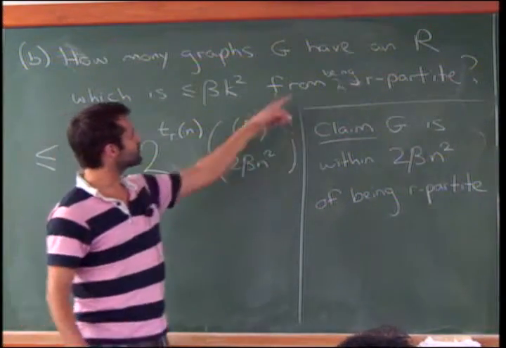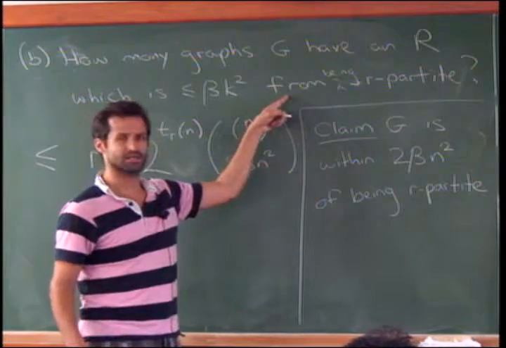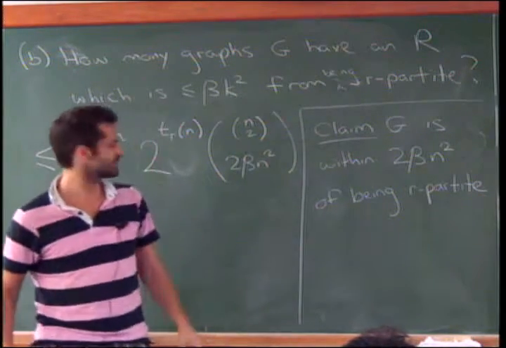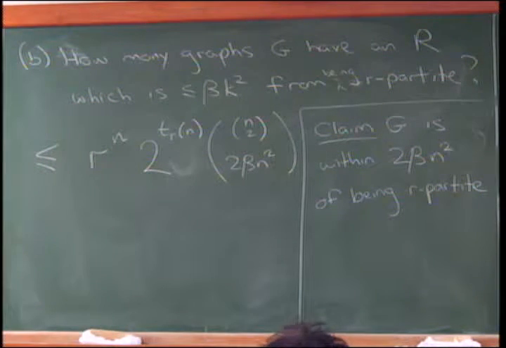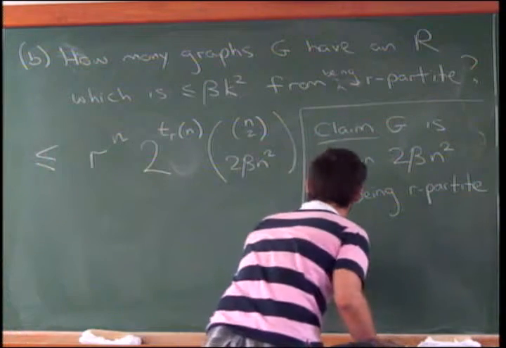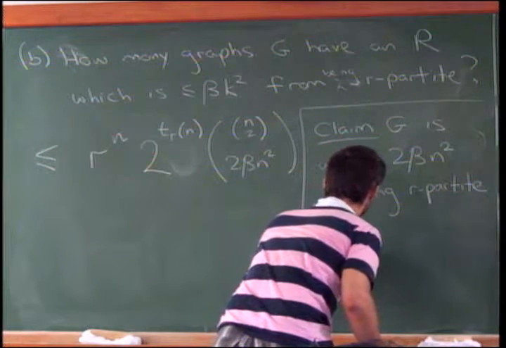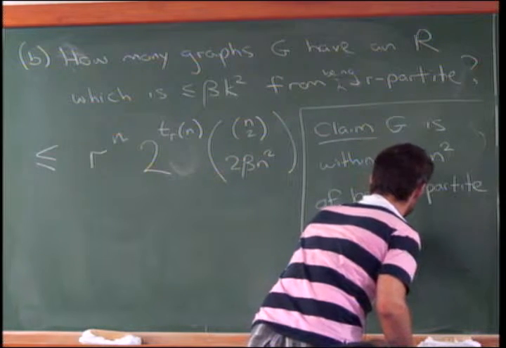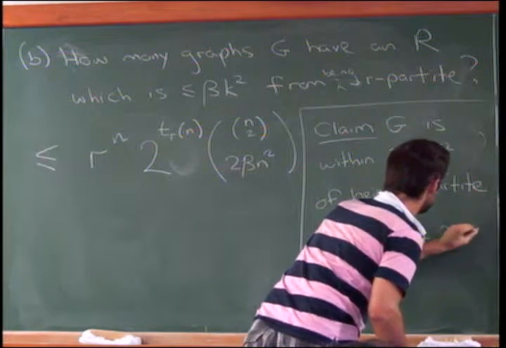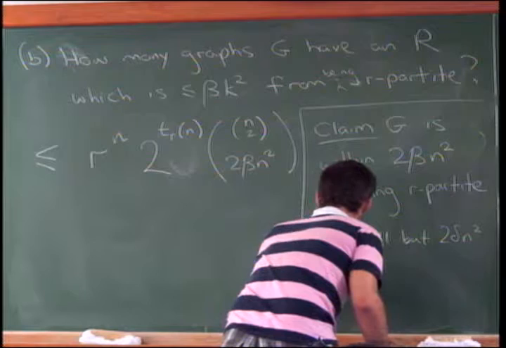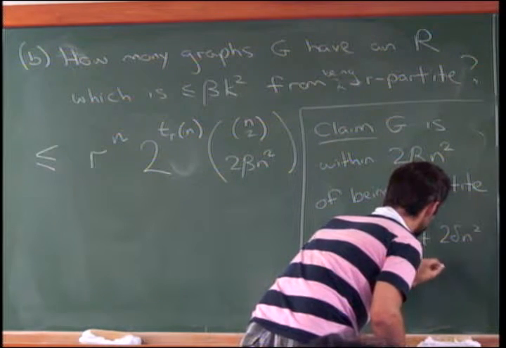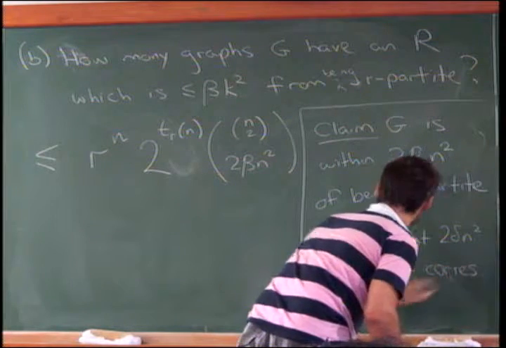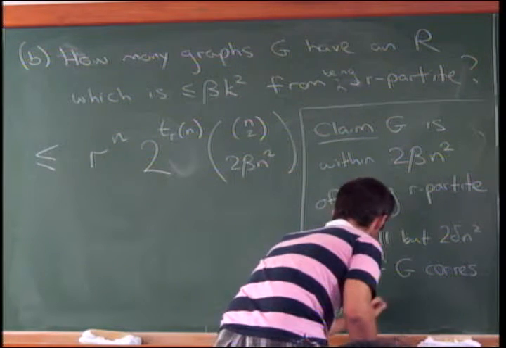The claim follows from the fact that R is close to being R partite, that G is. And the proof is just what I said. All but 2 delta n squared edges of G correspond to edges of R.